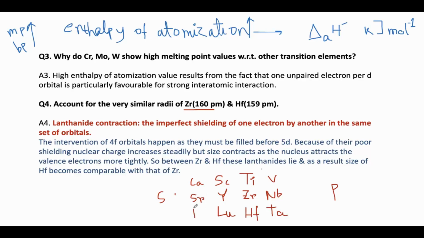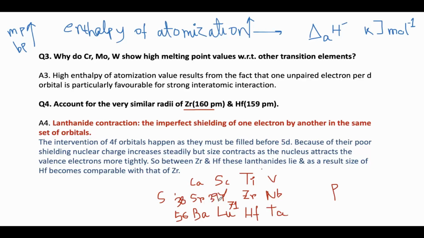And after that, we have barium. Barium has atomic number Z equal to 56, and lutetium has atomic number 71. Now, you know this from the periodic table, but here you can see strontium has atomic number 38, but yttrium has atomic number 39.